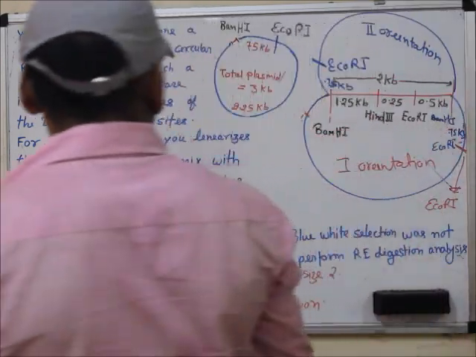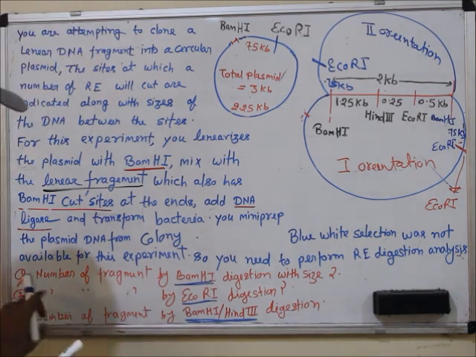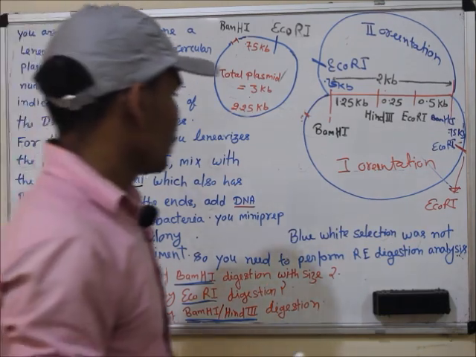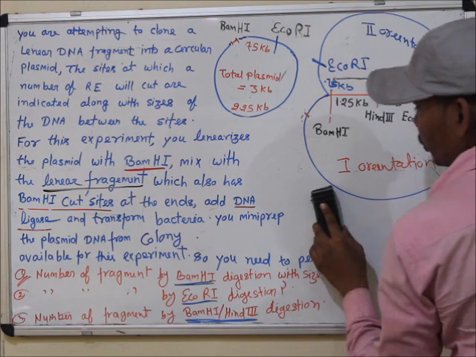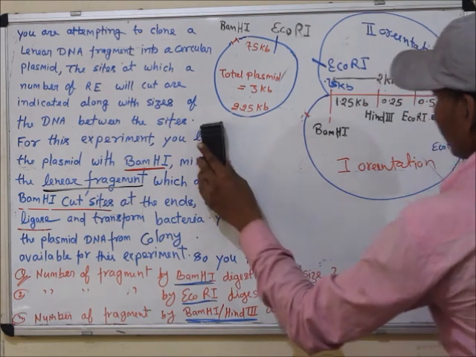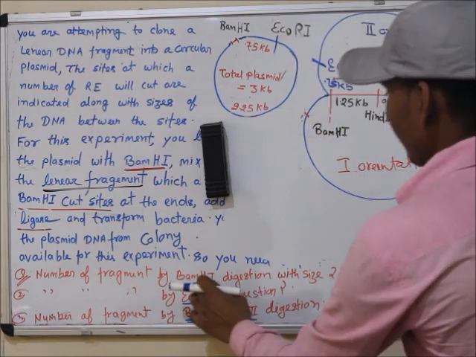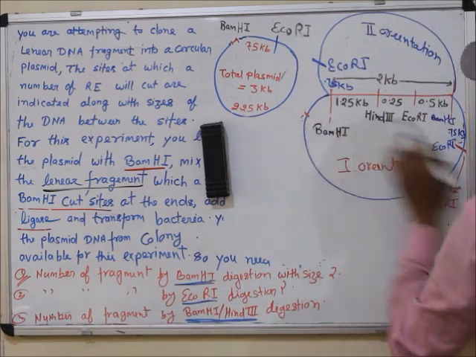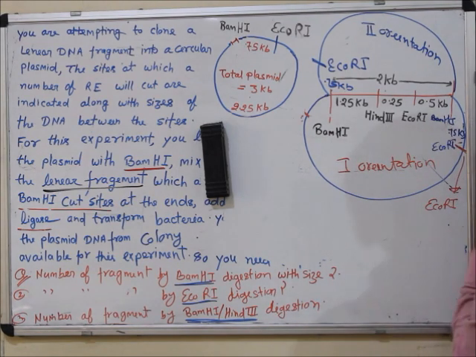Okay, so what happens if we add BamHI digestion? What happens? If BamHI is added, okay, there is BamHI, there is also BamHI.